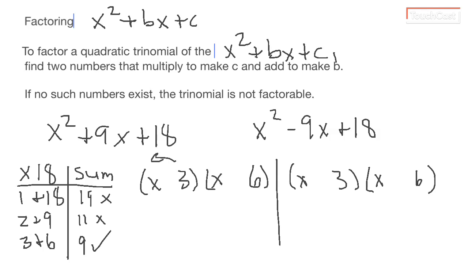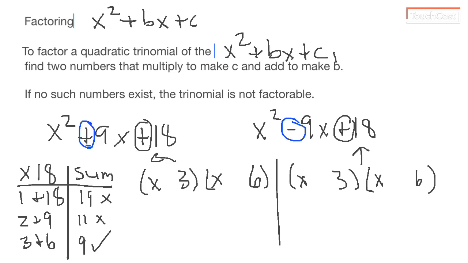My trick for knowing, am I going to put plus signs between the x and the numbers or minus signs, comes from a song that I'll play for you in class. When we have a plus sign at the back, like we do in this case, if I have plus c, the signs that are going to go in both my factors are my sign that's in the middle of the expression.